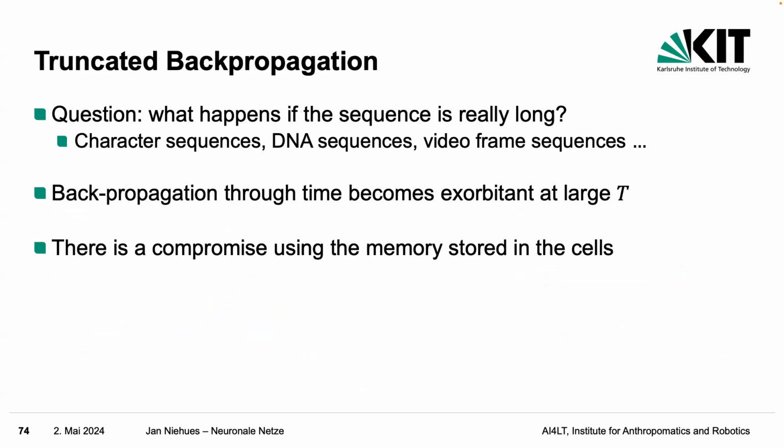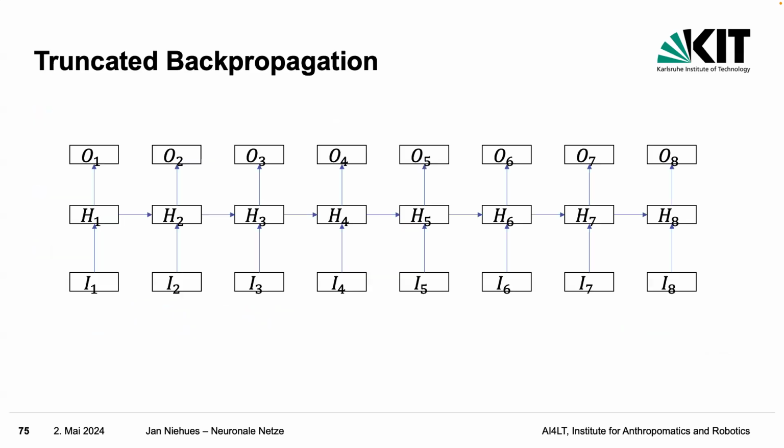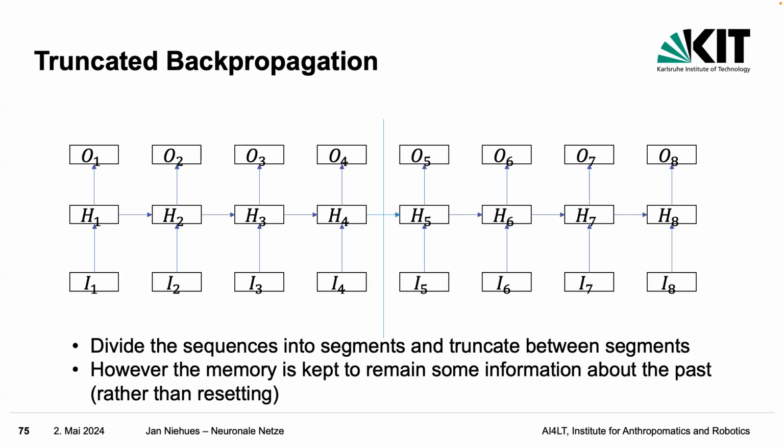So sometimes there is this truncated backpropagation, so that you're not backpropagating through the whole sequence, but you're truncating it and only backpropagating for some time. You can divide in the middle here. You do the forward pass normally, but on the backward pass only some part, and you stop your backward pass, for example, here.